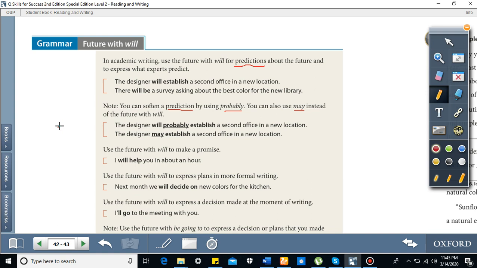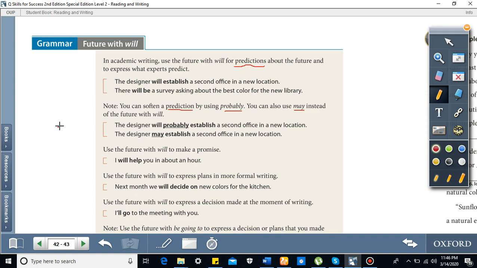It means that maybe you're not that sure that this prediction can be true, or you have some reservations about it, so you can use probably or may.